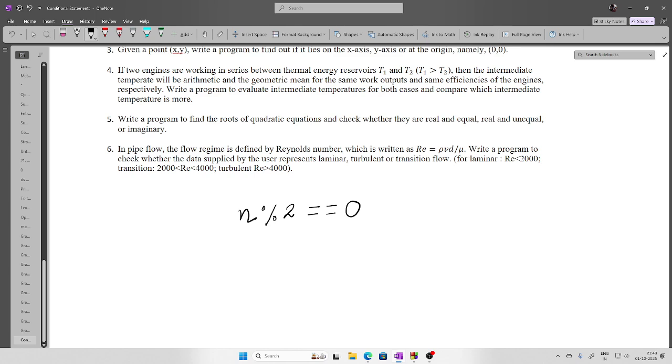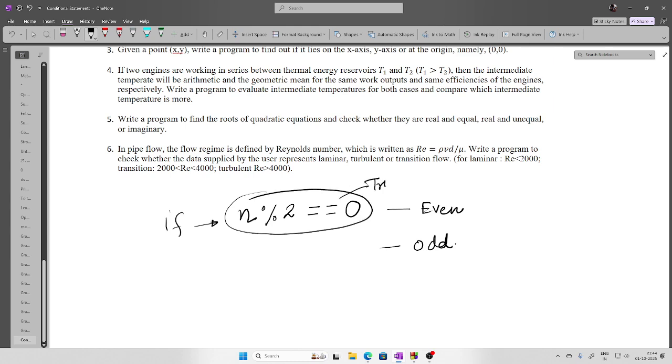If it is 0, then it is even, and if it is not 0, then it is odd. So if this condition comes out as true, then I say that it is even, else I will say that it is odd.